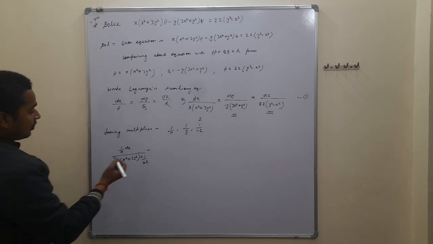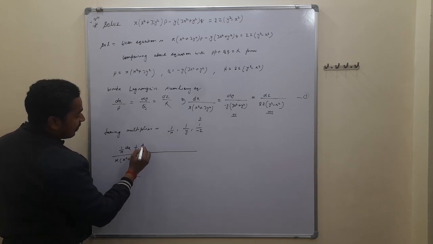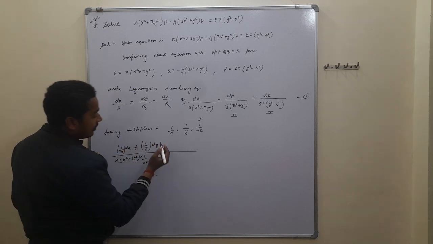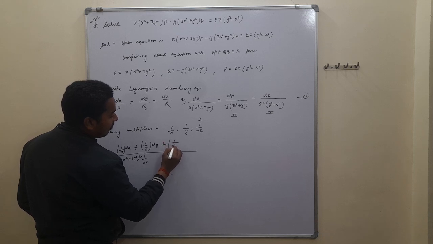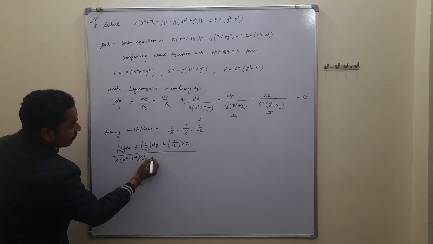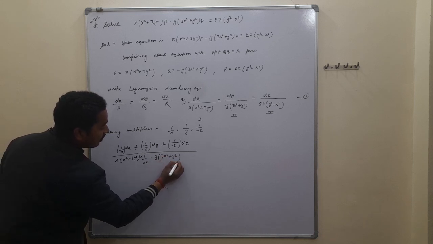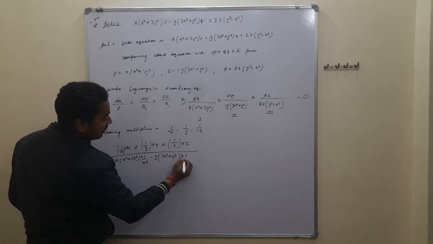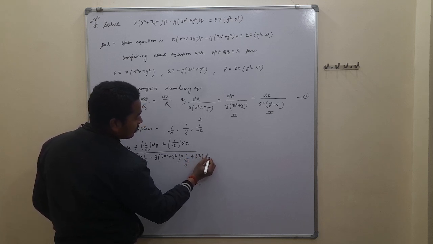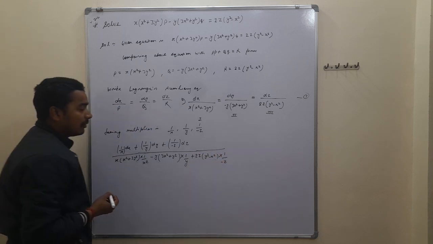Once again, plus (1/y)dy for dy, and for dz this is (1/(−z))dz. From here we can also write: −y(3x² + y²) with multiplier 1/y, and for z, 2z(y² − x²) with multiplier 1/(−z).